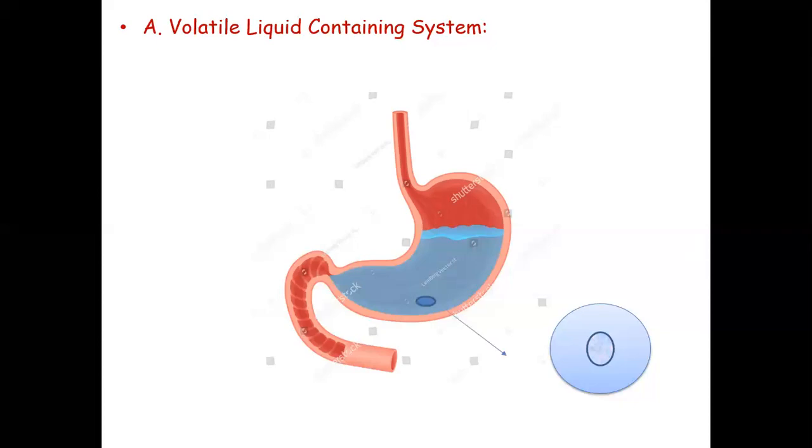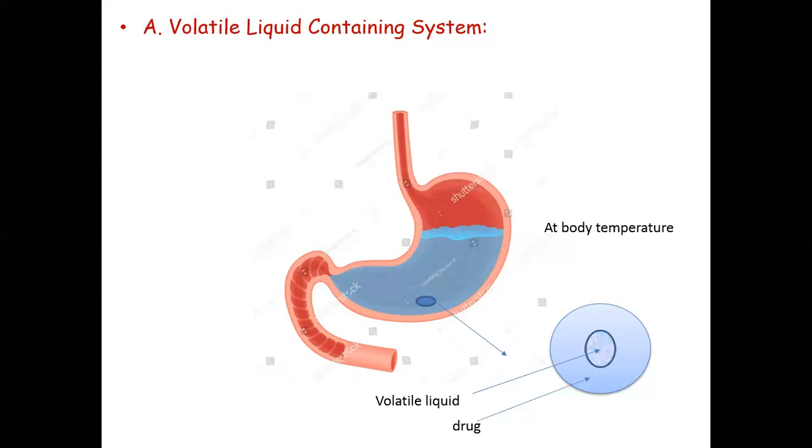Now if you look at the tablet here, this inner chamber consists of the volatile liquid, and this outer chamber consists of the drug. Once this dosage form is inside our body, the volatile liquid at body temperature undergoes volatilization, that is, it gets converted from liquid to gaseous state.